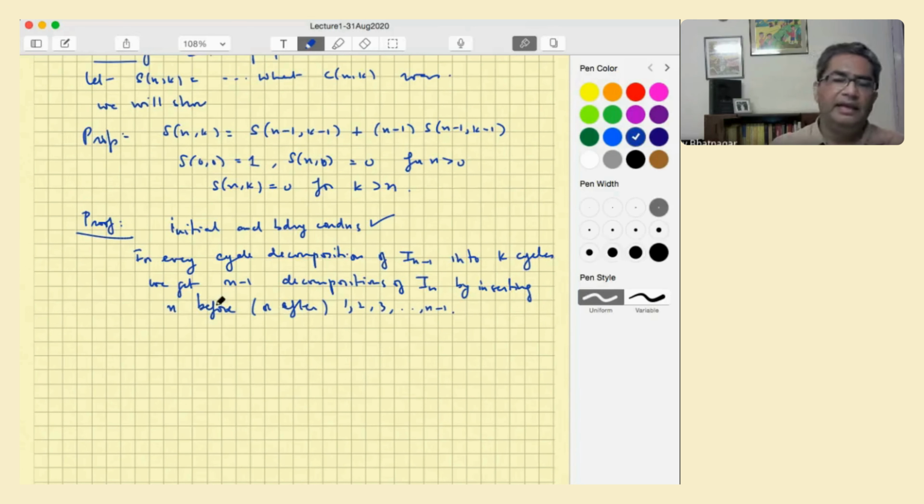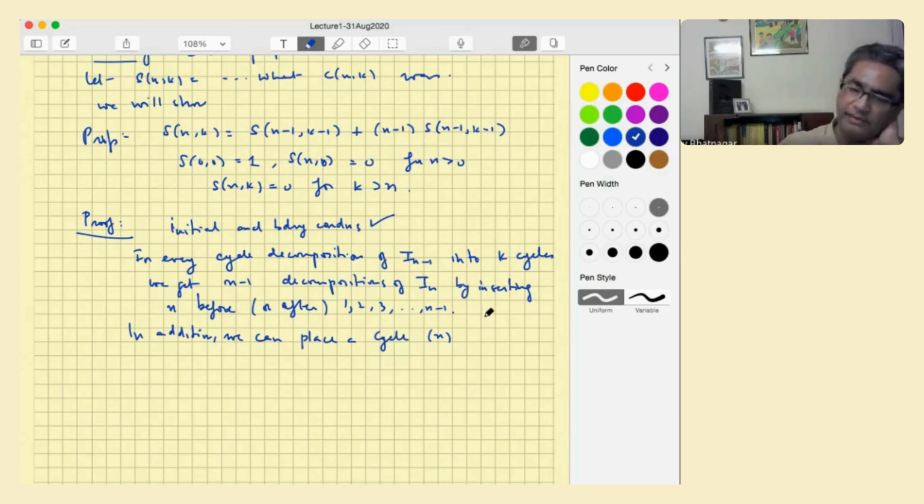And in addition, we can place a cycle n after every k minus 1 cycle of I. So the process is reversible.